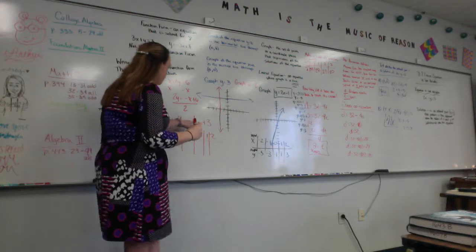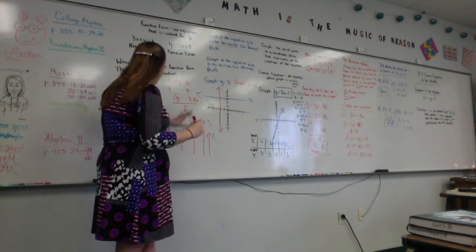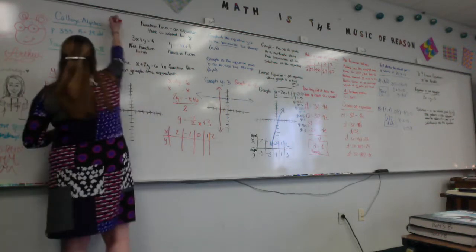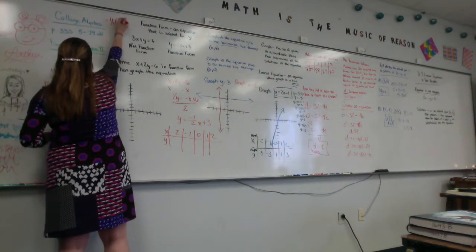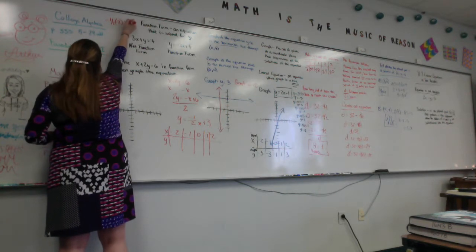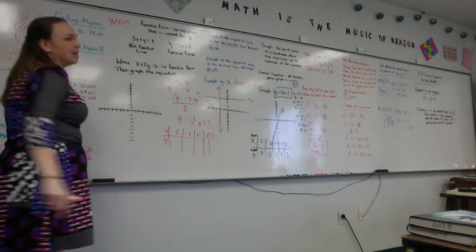If I plug -2 into here, I have negative 1/2 times -2 plus 3. What's negative 1/2 times -2?